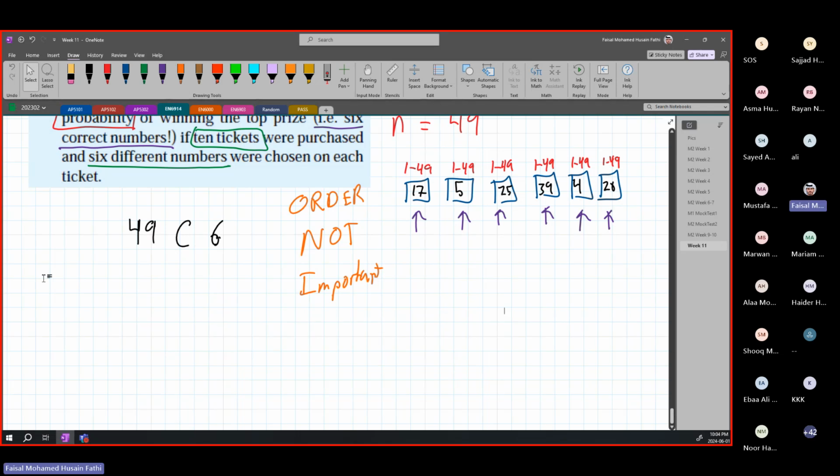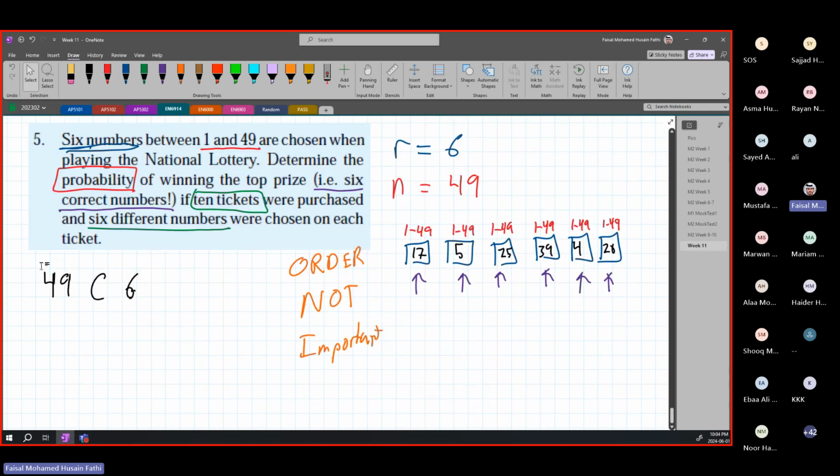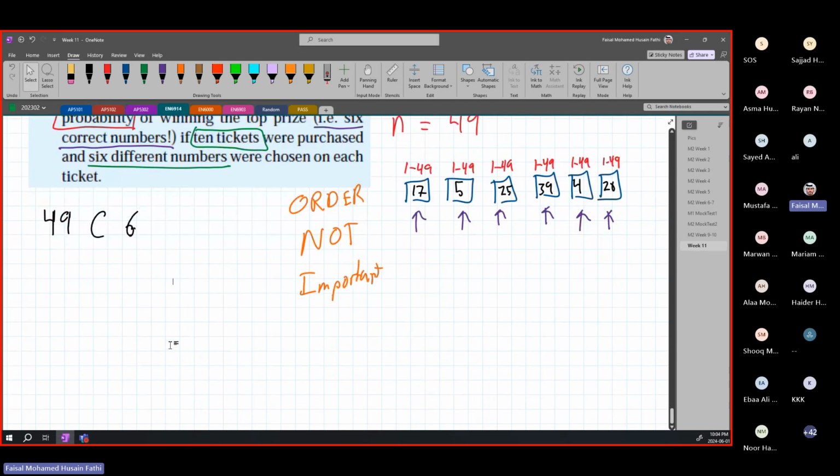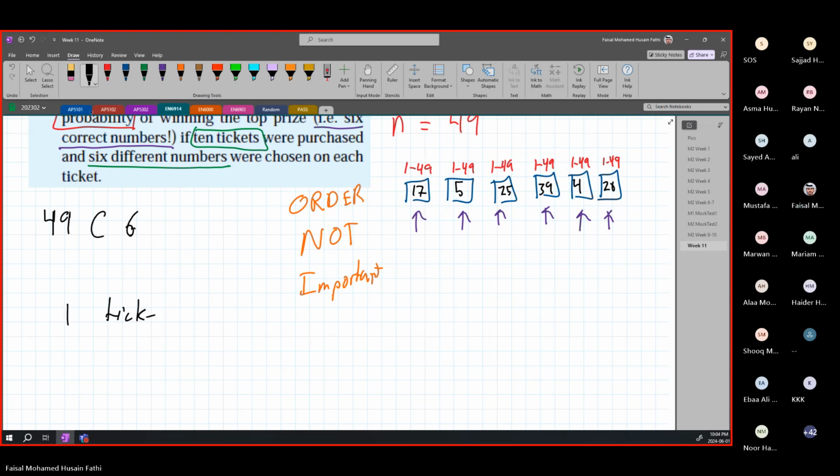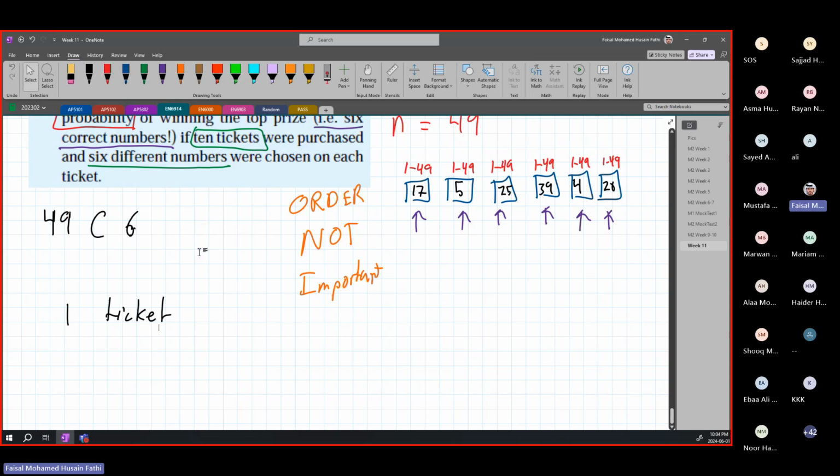So first thing is we have our choice, which is 49C6. We have how many tickets? We have 10 tickets. Let us look at the probability of winning one ticket. For one ticket, the probability of winning is the correct number.